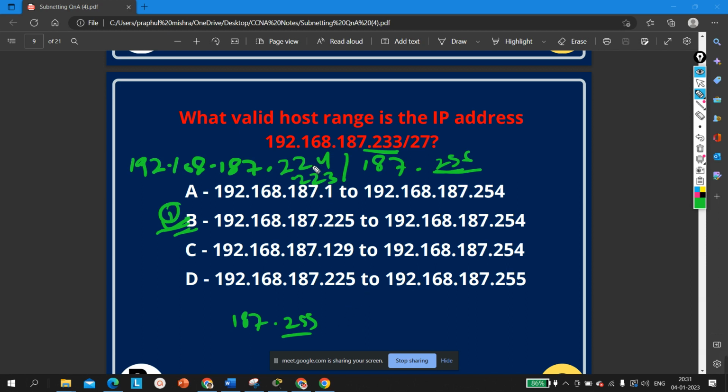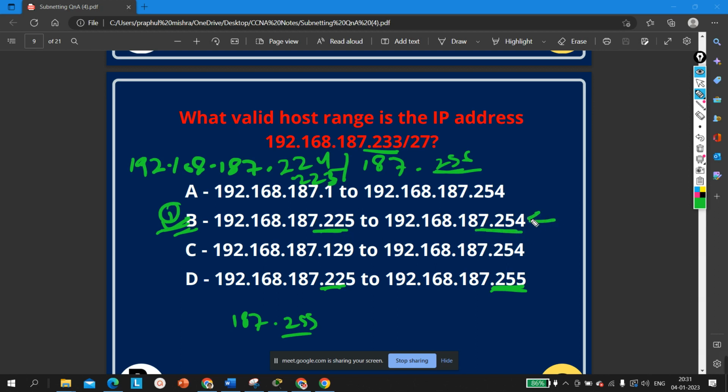No, no. It should be 225. From 225 to 255. 255 or 254? Because 255 will be the broadcast. So this one, option B. Yes, 255 will be the broadcast. So that's why it should be B.